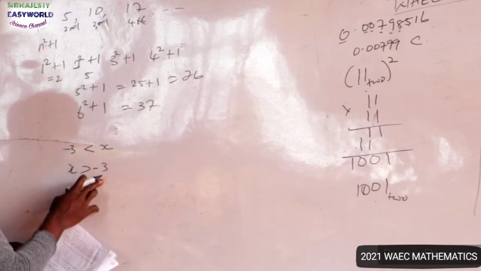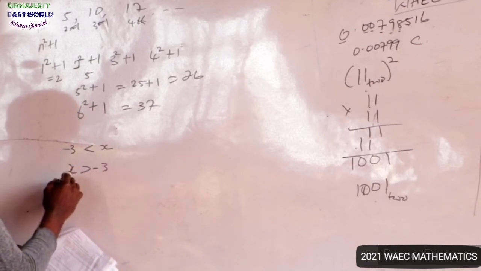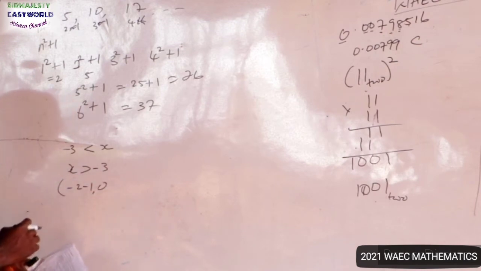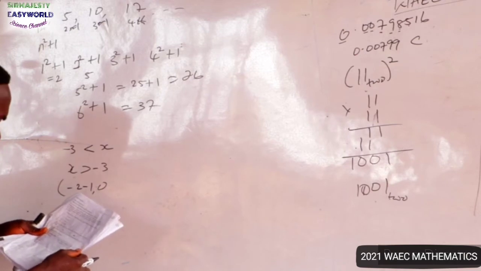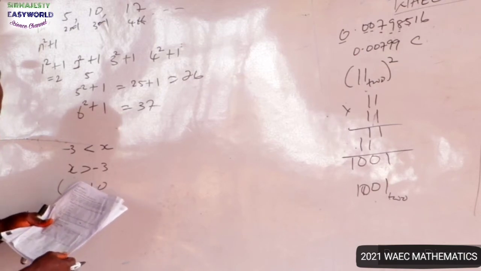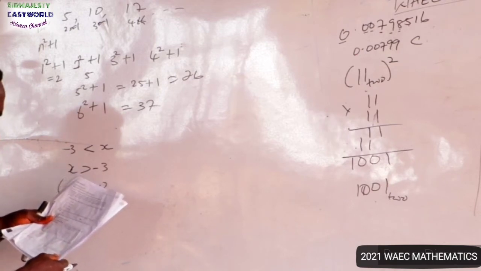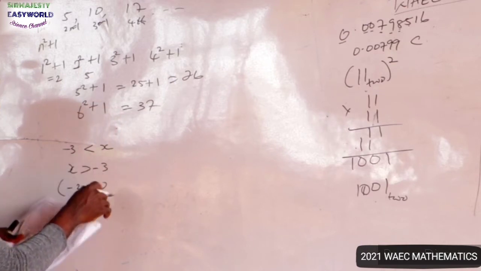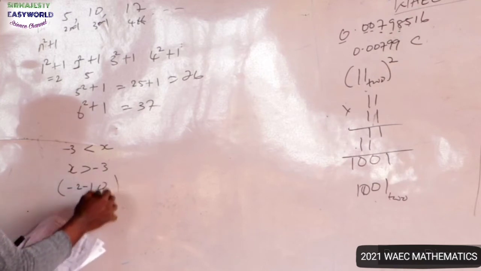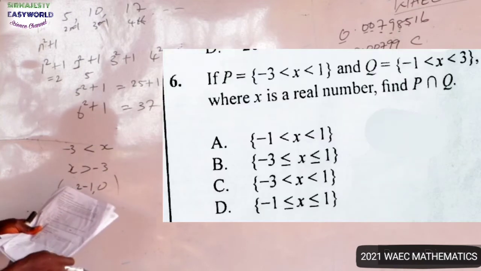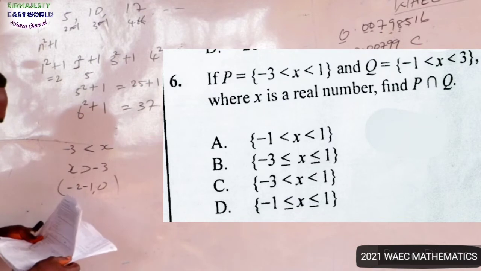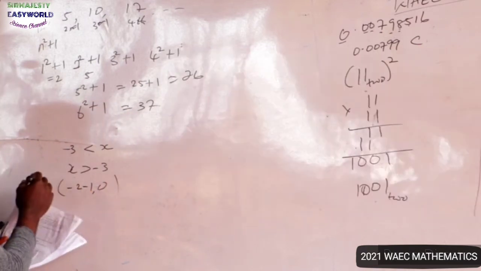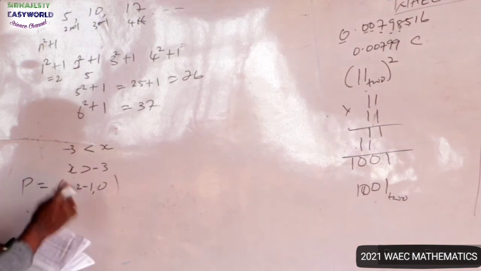So the numbers that are greater than minus 3 are minus 2, minus 1, and 0. These numbers are automatically greater than minus 3. Then the same x is less than 1. Therefore, you cannot add 1 again, because you see there on the screen that x is less than 1, but more than minus 3. So this is the members of the set P.